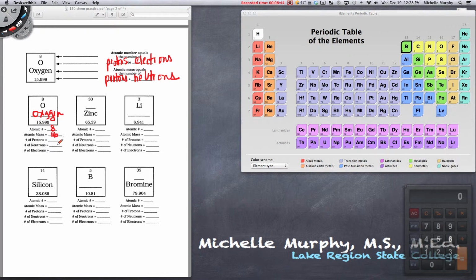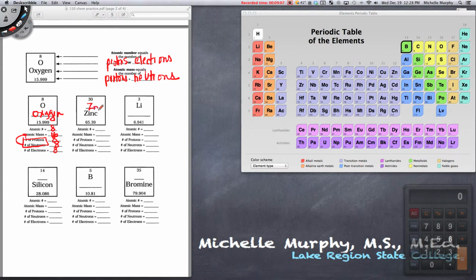So 16. Number of protons always equals your atomic number. Number of electrons, I'll skip down here, always balances your atomic number. Number of neutrons is mass minus the number of protons, so that in this case is also 8. Protons plus neutrons equals mass, right here.